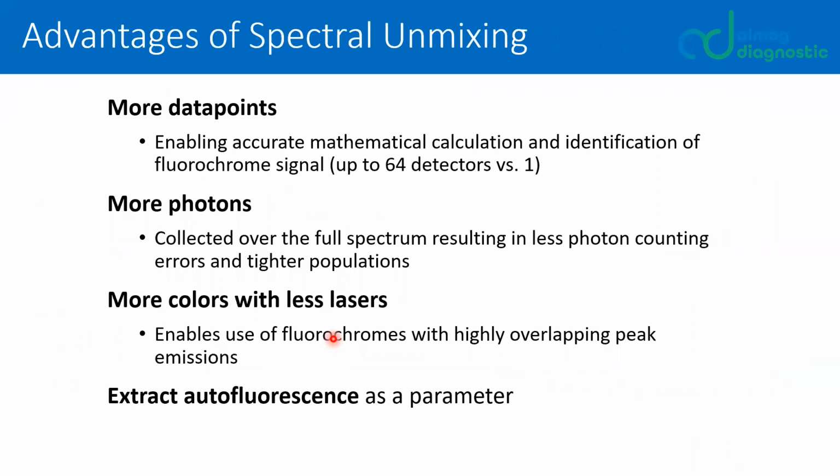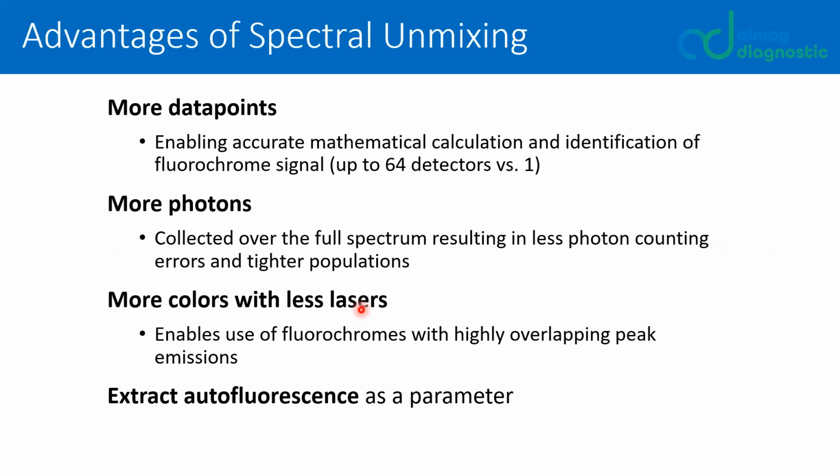Okay, so let's summarize some of the advantages of spectral unmixing. Overall higher resolution is achieved by using unmixing because more data points are collected for the measured particles. Since more photons of light are collected over the full spectrum, it gives tighter clustering of negative and positive populations.